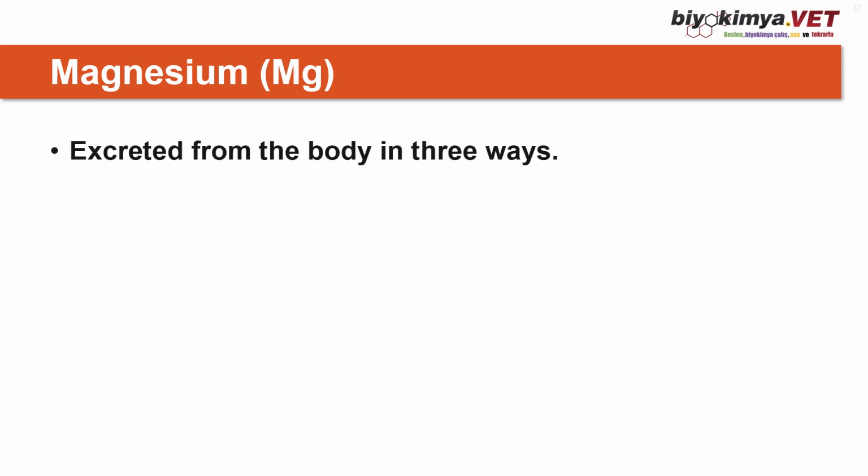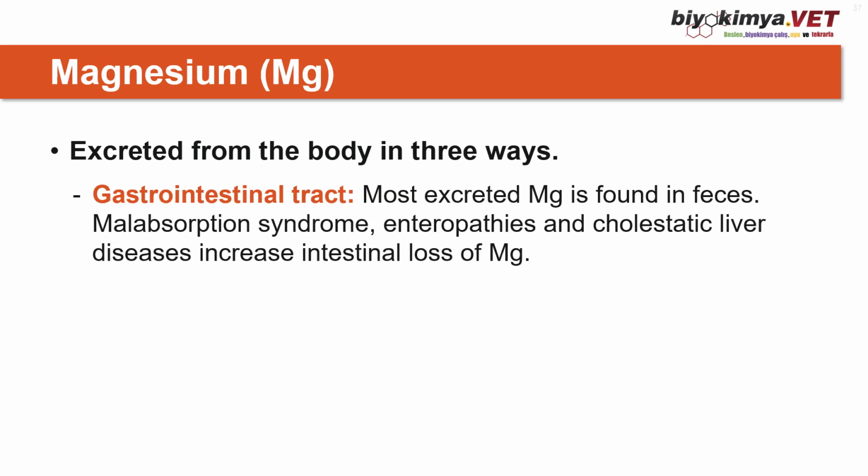And magnesium is excreted from the body in three ways. The first is the gastrointestinal tract. Most excreted magnesium is found in feces, and problems such as malabsorption syndrome, enteropathies, and cholestatic liver diseases increase the intestinal loss of magnesium.